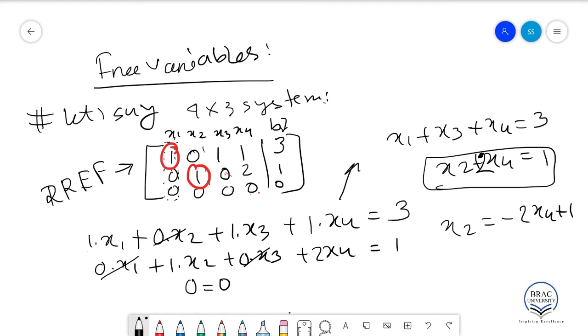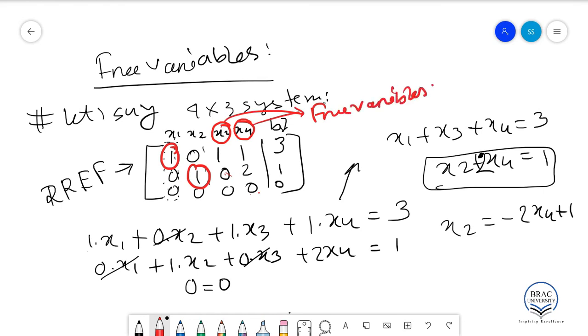As you can see, there are 4 variables, but ultimately 2 equations. So there is not a unique solution. In fact, we have a lot of freedom, and the free variables in this case are x3 and x4. These are our free variables.